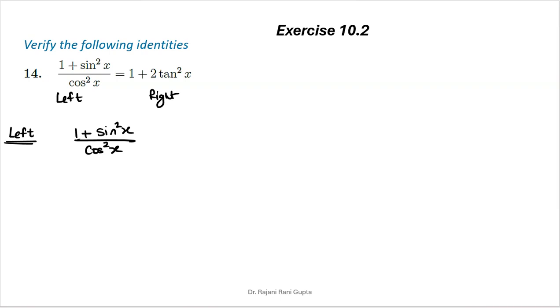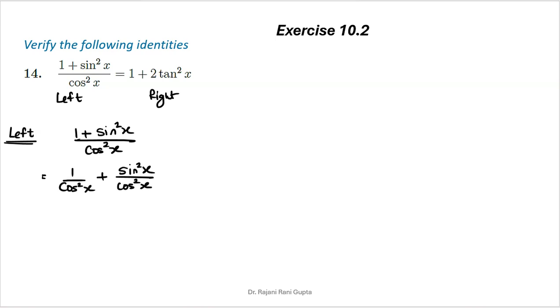For that, you may have to use many identities. As of now, sine and cosine are in the simplest form. So what you can do here is first simplify and split the terms. You can write it as 1 over cos square x plus sine square x over cos square x.